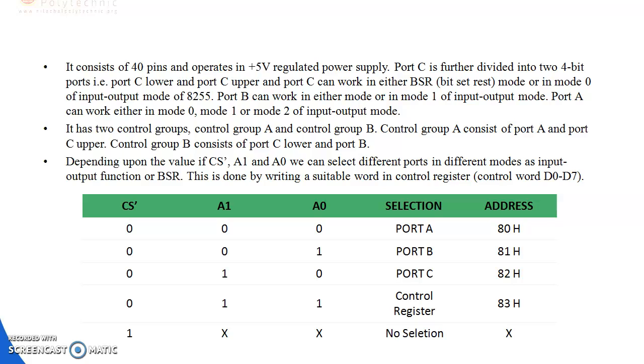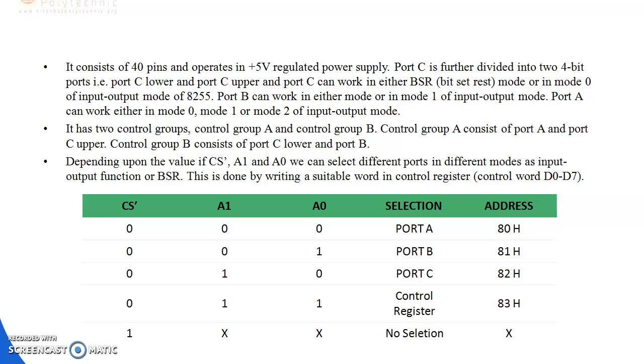Here port C is further divided into two 4-bit ports, that is port C lower and port C upper. Port C can work either in BSR, that is bit set reset mode, or in mode 0 of the input-output mode of 8255.